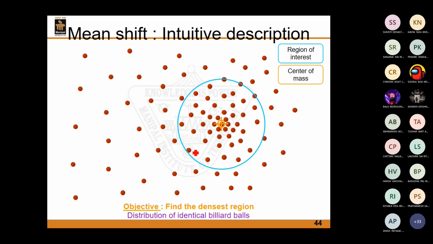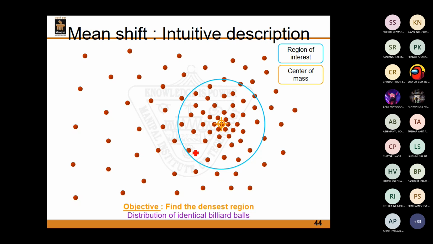And that particular location would be the densest point, or the location of the densest region of the particular data distribution that we are considering. I hope that procedure is clear here. So as I said earlier, what we are doing is we are basically trying to move the center of the circular ROI towards the center of the mass.